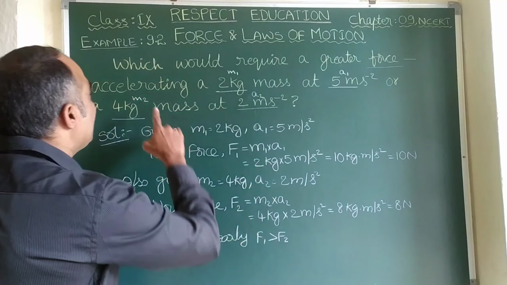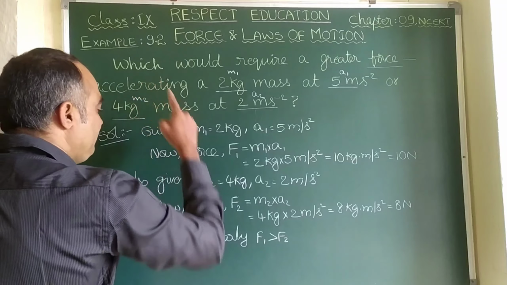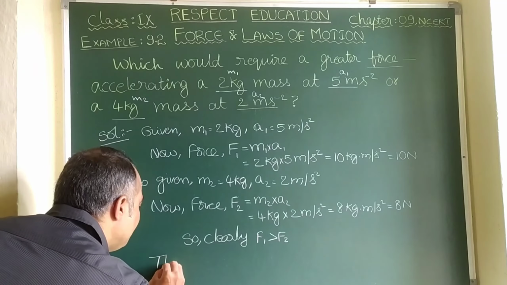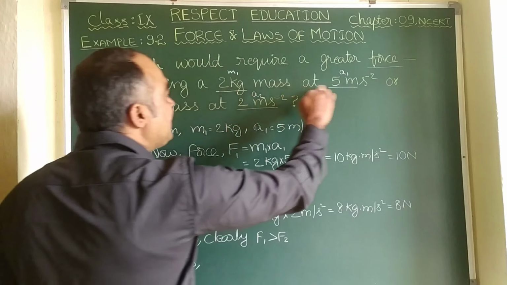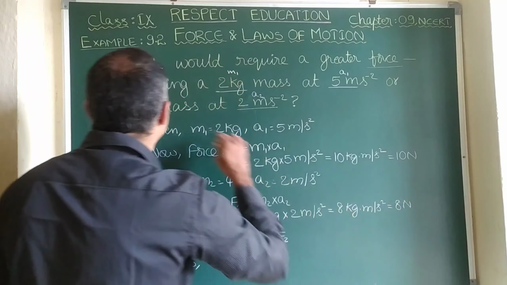So let us write now, let us copy the question once again. Thus, or we can say therefore, let us copy the first case because here we get F1 is more.